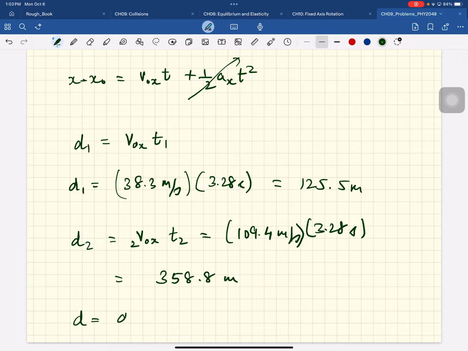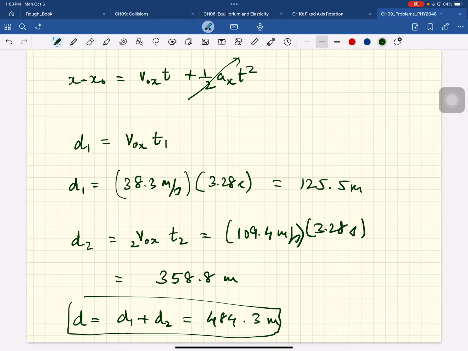Okay, so the total distance was D1 plus D2. Half a kilometer. So the shell would go from here to roughly Mainland High School.